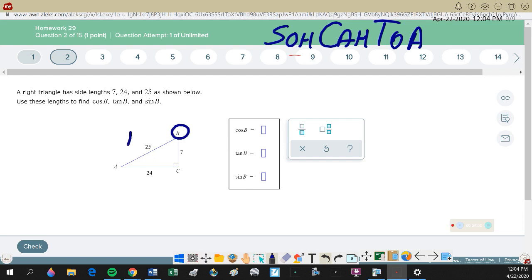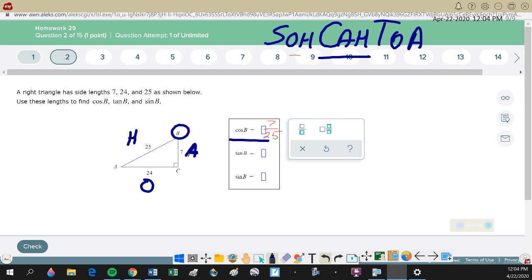I'm going to put H, and then the A is next to B. So that's the A. And then O is opposite B. I've labeled the triangle. Now I just need to look at cosine. Cosine is A divided by H. So that would be 7 over 25.